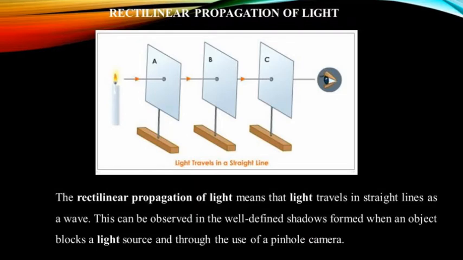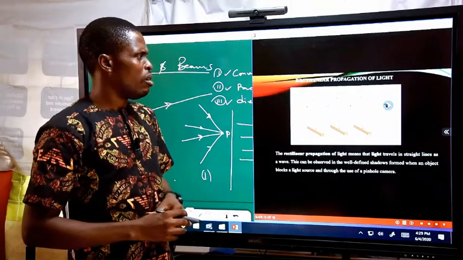So what we have here is a candle, and three cardboards A, B, C, arranged in a straight line, and the human eye seeing the candle through those pinholes. So that describes what we call rectilinear propagation of light.